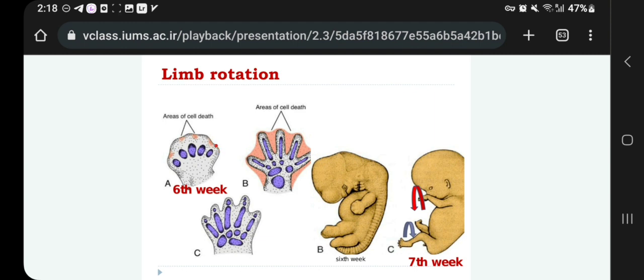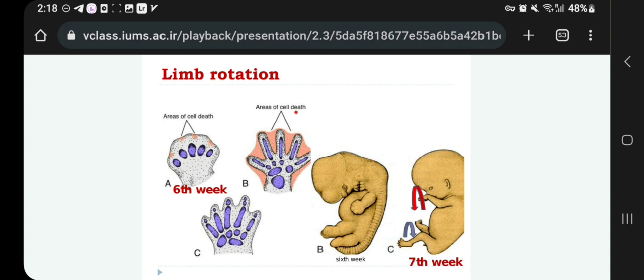And in this area, we have an apical ectodermal ridge again. It means it has an induction under the mesenchyme, meaning growth. After that, we have 5 fingers, and they grow and make 5 fingers. And the tissue between the fingers disappears because of the cell death.